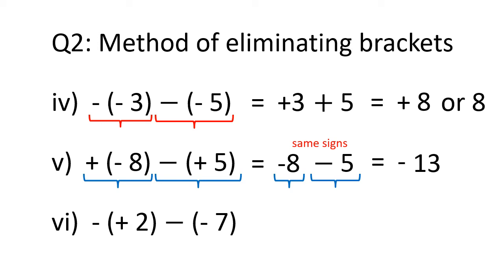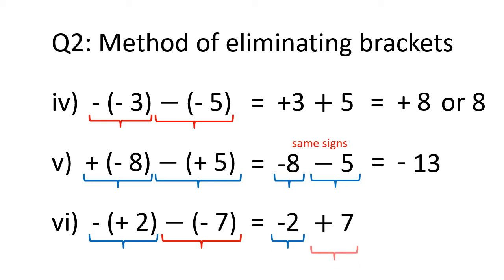The last question is negative positive 2 minus negative 7. Negative positive 2 is single negative, which is negative 2, and minus negative 7 is double negatives, which is positive 7. So this is negative 2 and positive 7.